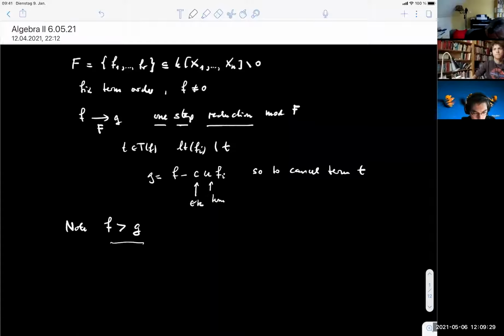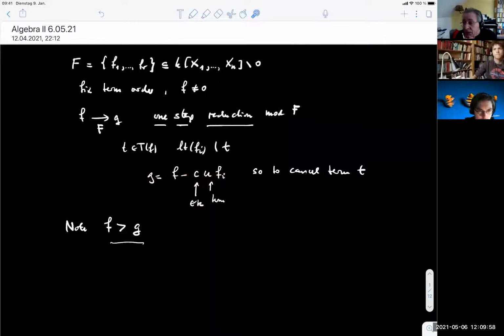So why is g smaller than f? It may be that f and g have the same leading term, because what I have eliminated, this term, was smaller than the leading term of f.